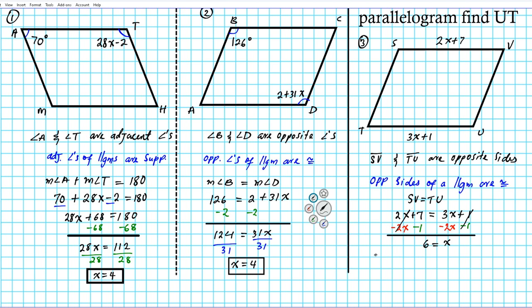UT is 3x plus 1. We take the answer we got, 6, and plug it right here. That gives us 3 times 6 plus 1, which is 18 plus 1, which is 19. So side UT is 19 units long.